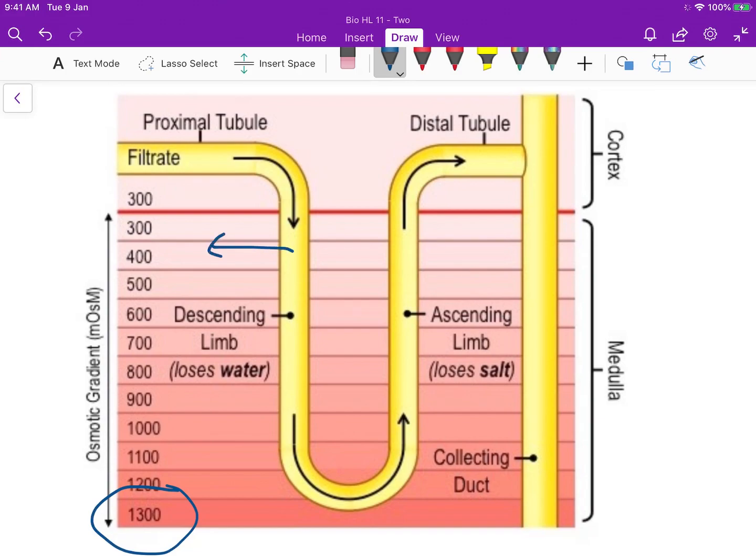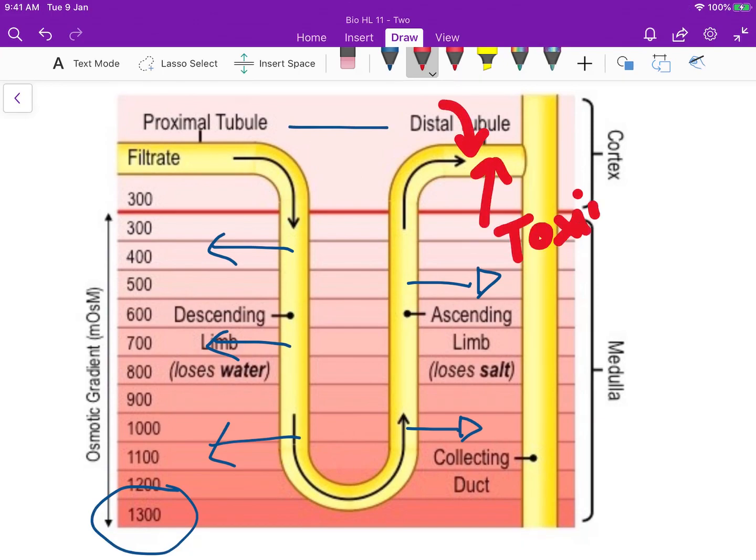So we get the loss of water all the way down, but salt is stuck, so the descending limb loses water or absorbs water. Whereas in the ascending limb, water was stuck and we got salt being pumped. So it loses salt, and in the end, these two, the proximal convoluted tubule and the distal convoluted tubule, will equal each other.